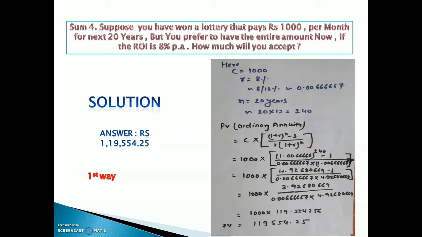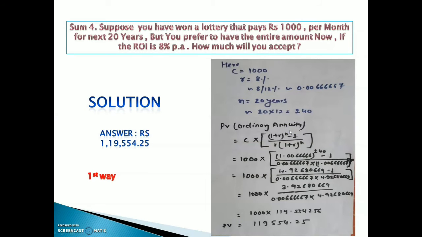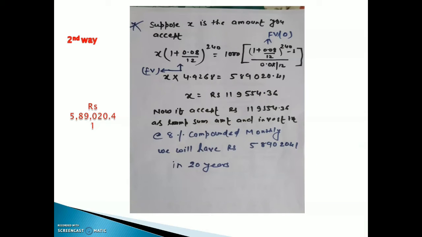Now in the second method, suppose we accept the lump sum value, and that lump sum value is X. If we invest that lump sum value X at the rate of 8% monthly for 240 months, that will definitely be equal to the future value of ordinary annuity of 1000 cash flow for 240 months.